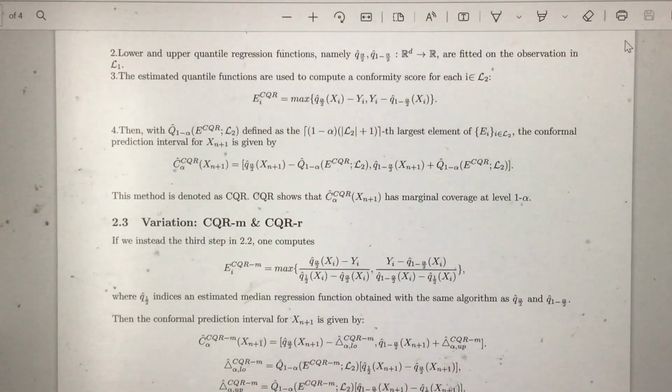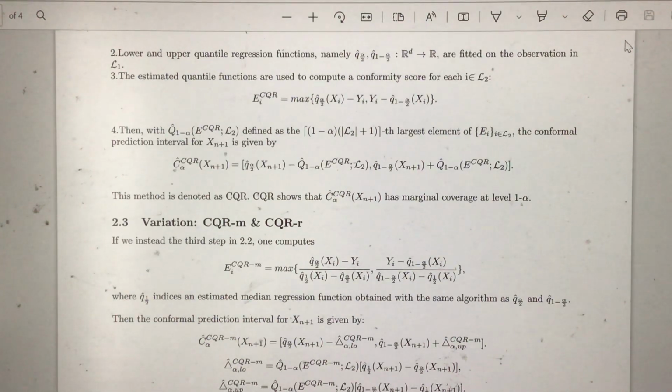The third step is that the estimated quantile functions are used to compute a conformity score for each i belonging to L2. So we put the calibration data into the quantile regression function to get the conformity score.